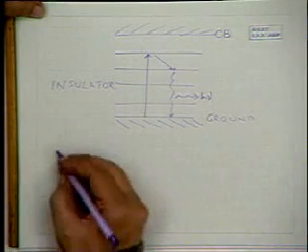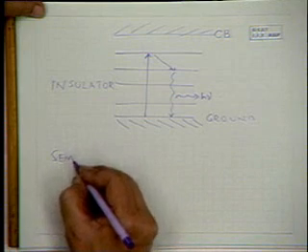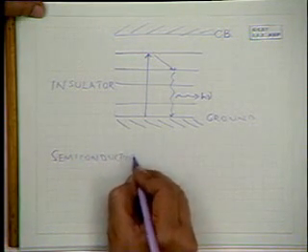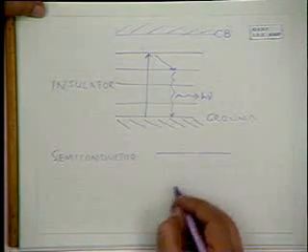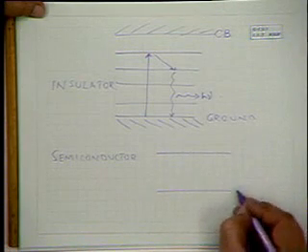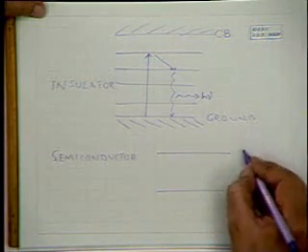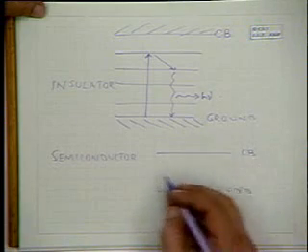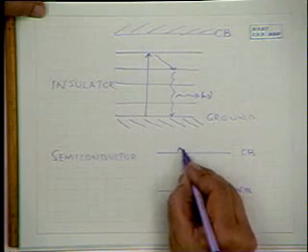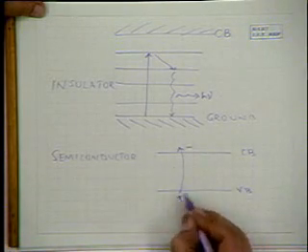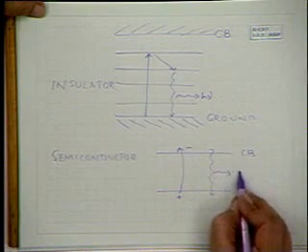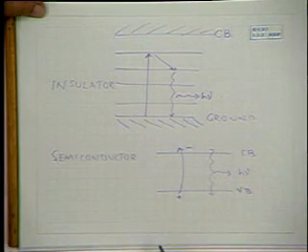Whereas in the case of a semiconductor, we can have excitation, say due to incoming light, which excites an electron from the valence band into the conduction band, and when recombination takes place, we get light emission.